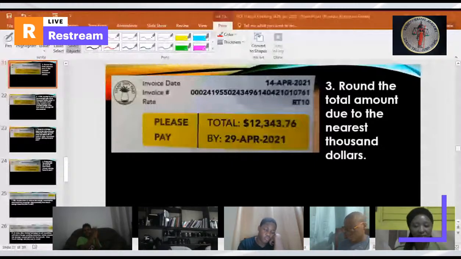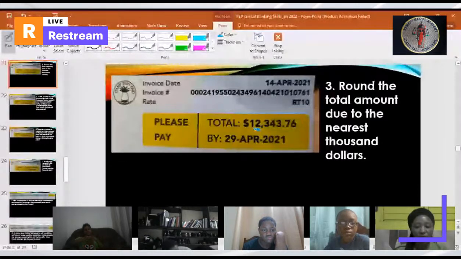So when we round the number to the nearest thousand, look in the thousand place. Which digit is in the thousand place? That's the 2. So we're rounding to this place.